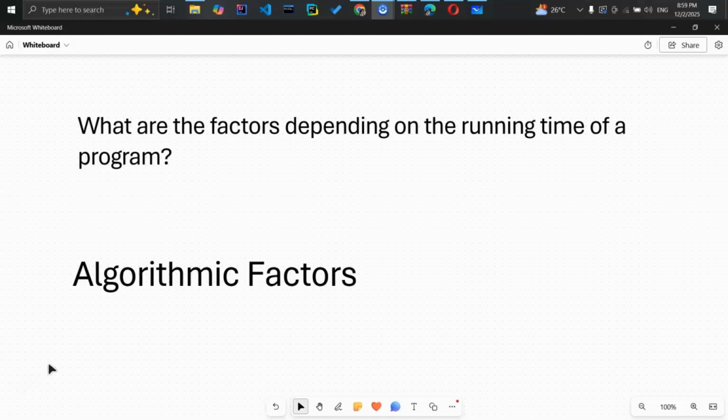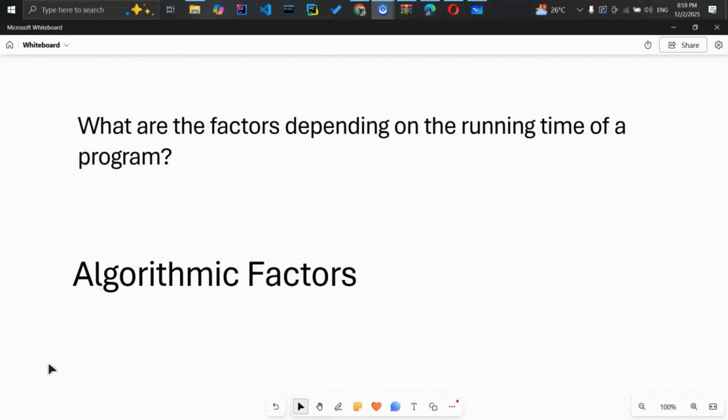What are the algorithmic factors? Input size. Bigger input usually means more time, right? Algorithm chosen. Example, bubble sort versus merge sort, right? Input characteristics, right? Example, sorted versus unsorted input affects quicksort, right?